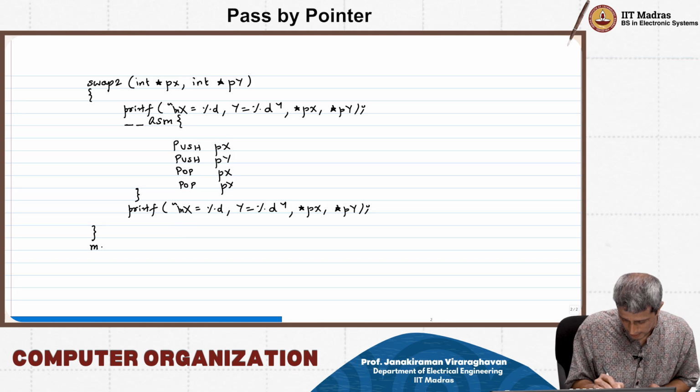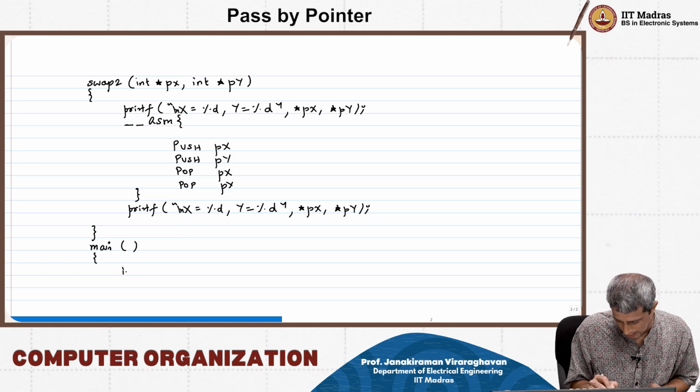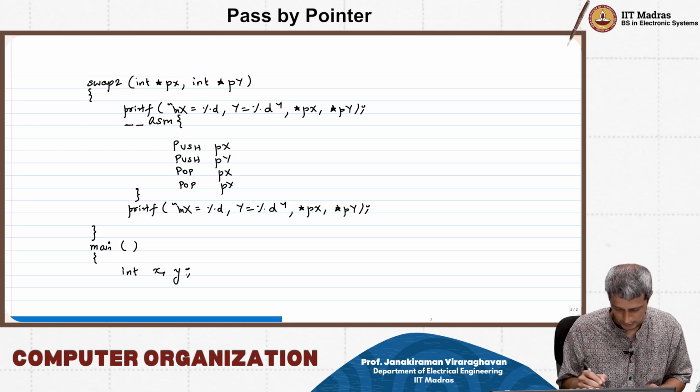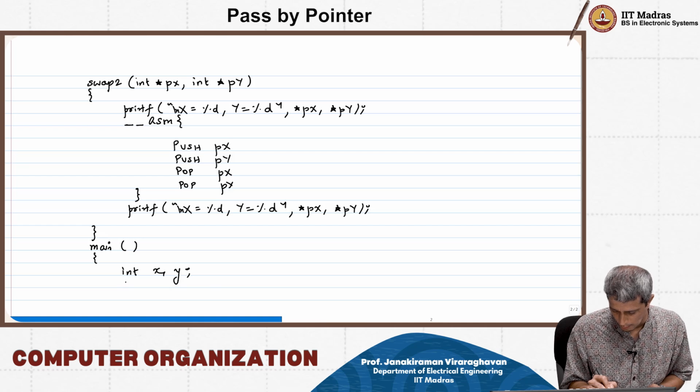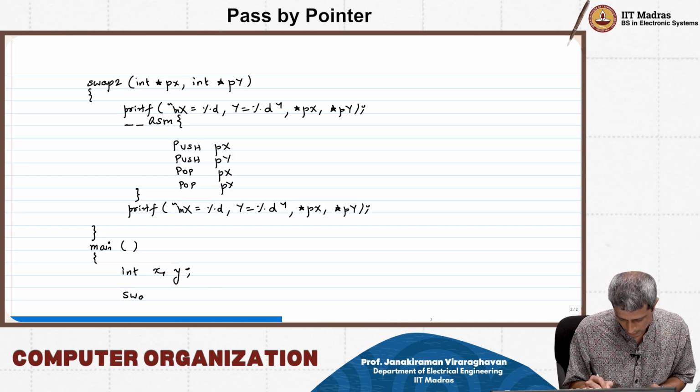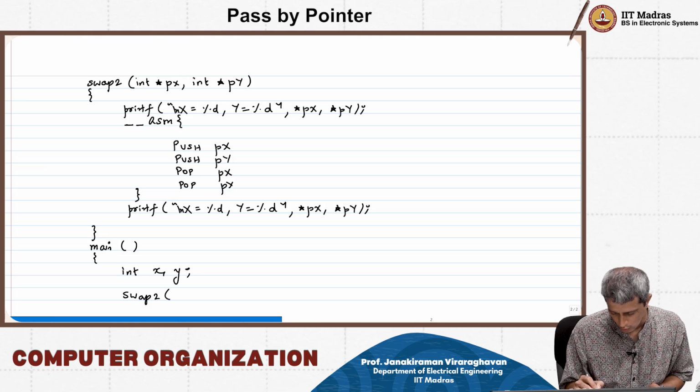Now in my main, what am I doing? I have int x comma y. Okay, so here I am going to do, again, the prints, of course I will not write that, swap2 of %x %y.